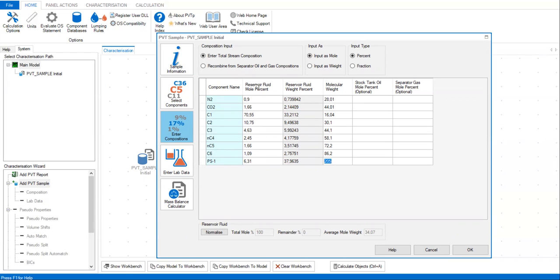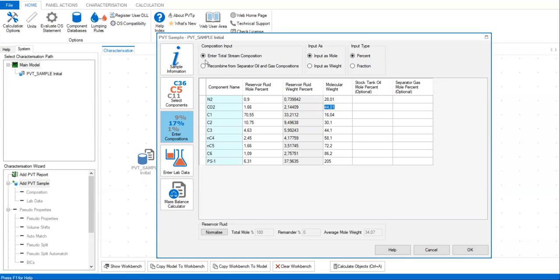Okay, so you put this reservoir fluid mole percent and the molecular weight. But for the pseudo component, you need to manually populate this with this value 205. Whereas for the pure component N2 down to C6, the molecular weight will be imputed automatically by PVTP.